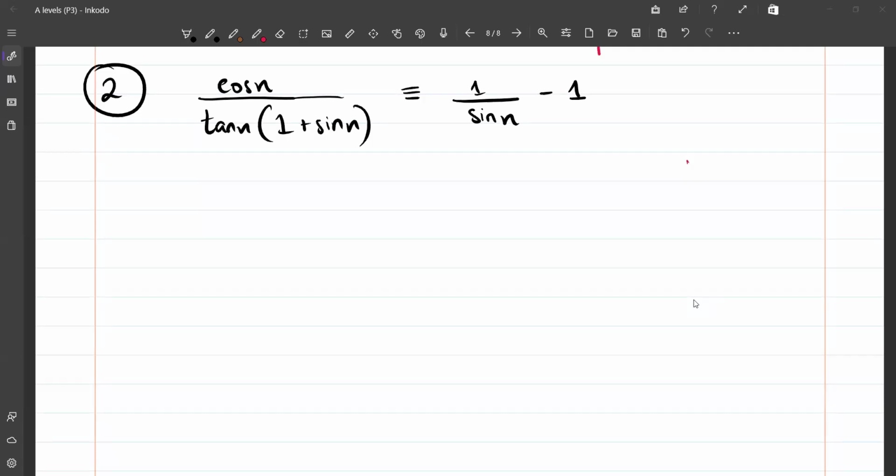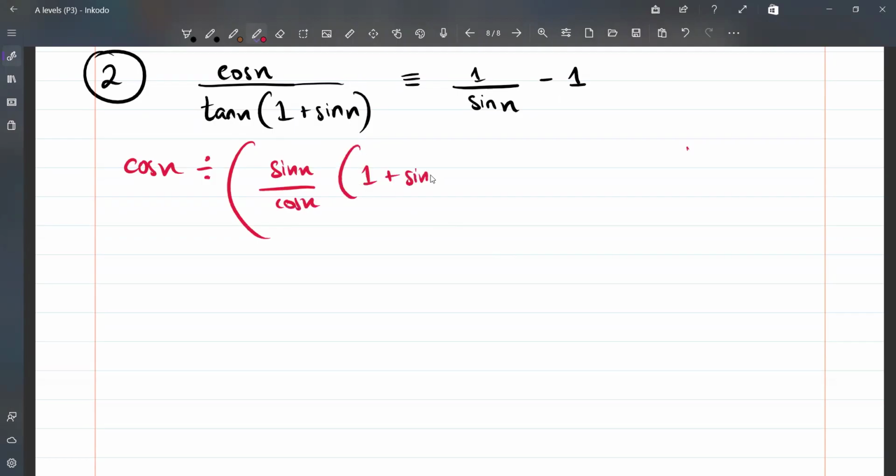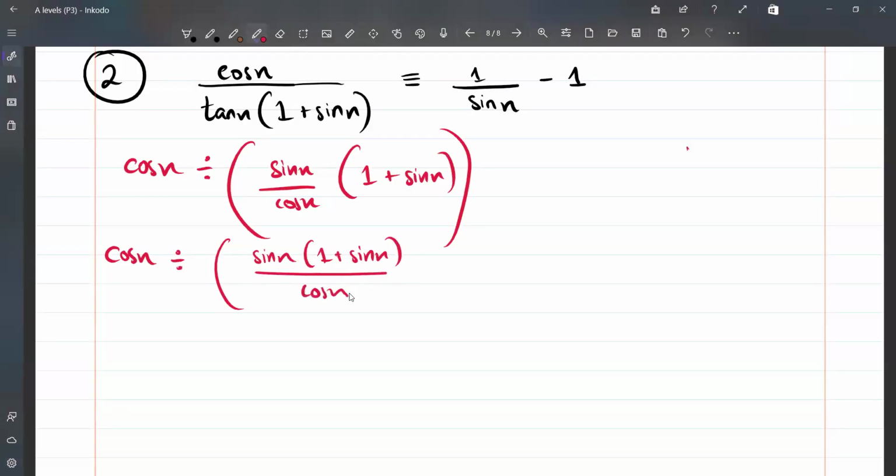Now here is another identity. Let's start. Cos x divided by tan x, which is sin x over cos x, into 1 plus sin x. All right, cos x divided by sin x, 1 plus sin x upon cos x. Now let's just open the bracket.